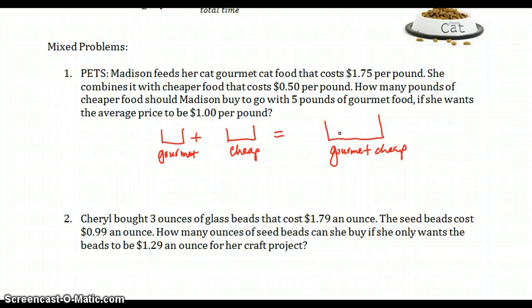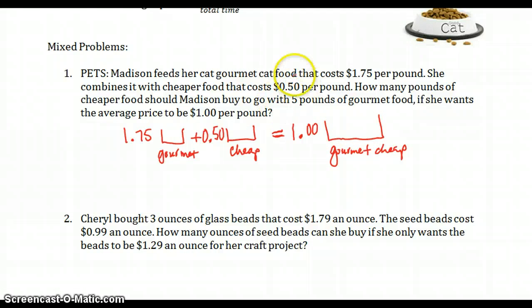So what was the cost of the gourmet? It was $1.75. And the cheaper was only 50 cents. And we want our average in the end, the result, to be $1 per pound.